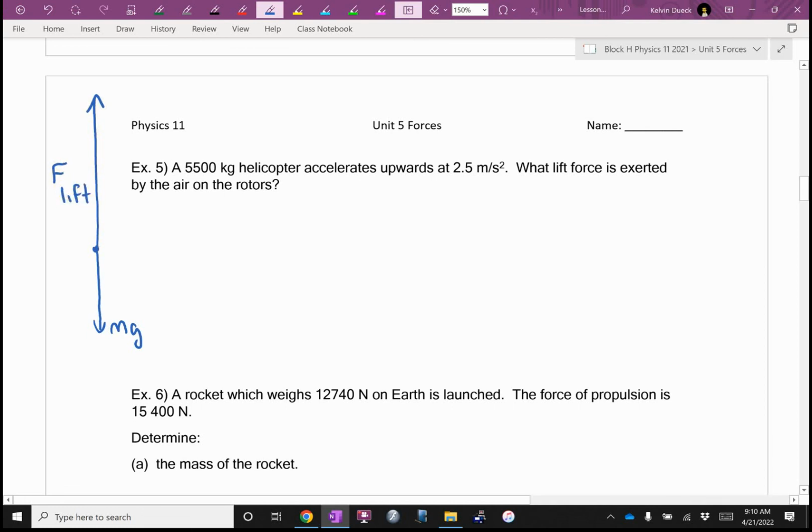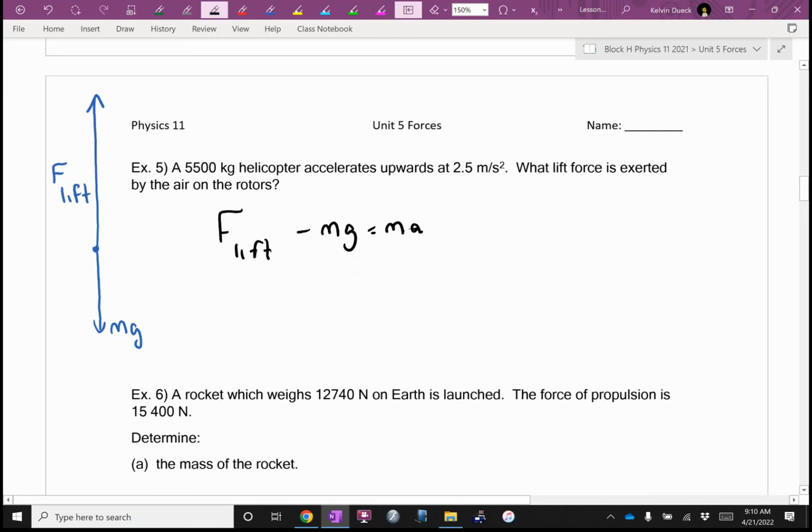So we put all that together. Who's winning? F lift, as we called it in our diagram. Who's losing? Equals. There's my equation. What are they asking me to find, Sadie? Oh, how will they get the F lift by itself? How will I move that over?